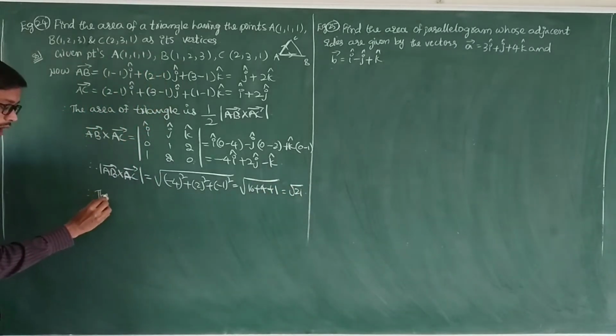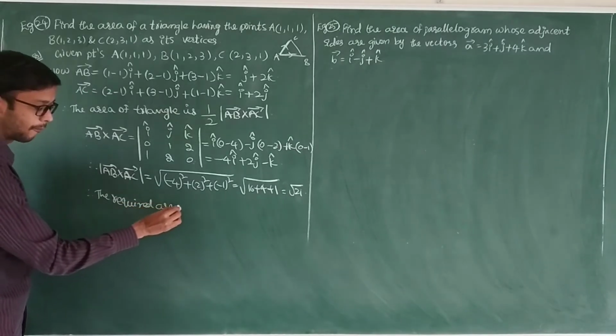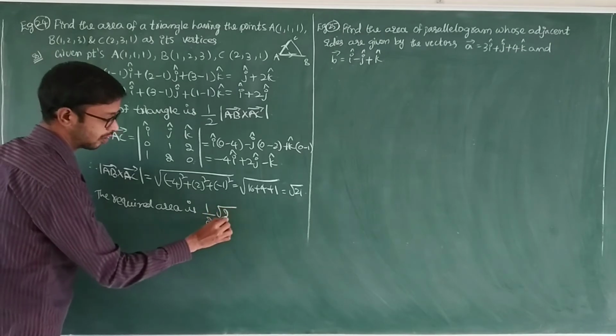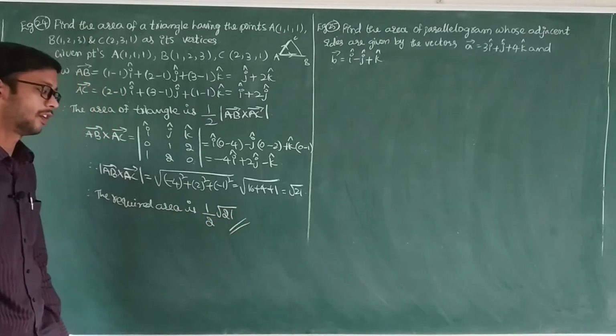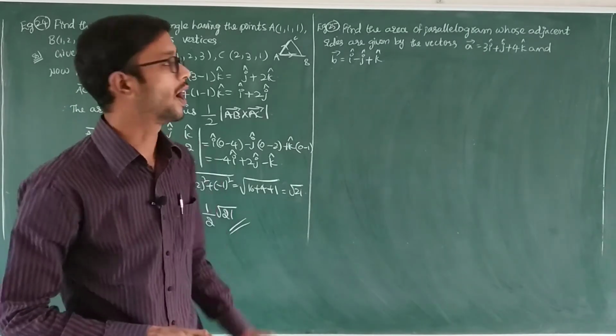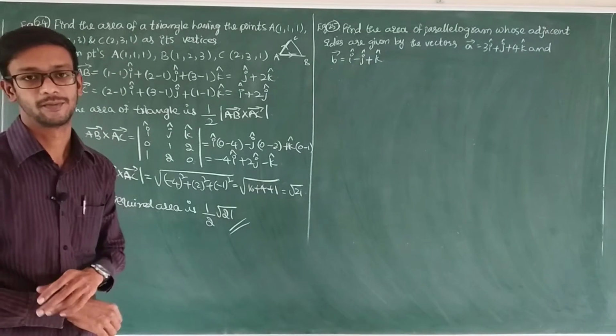Therefore, the required area is 1 by 2 square root of 21, the area of the triangle formed by these vertices.